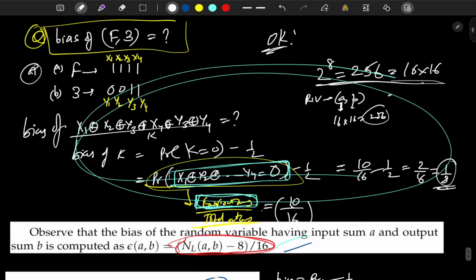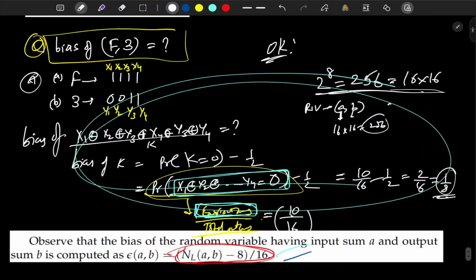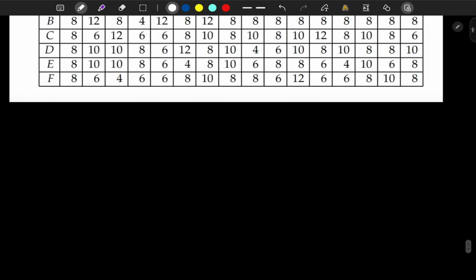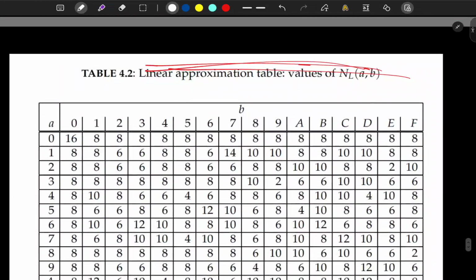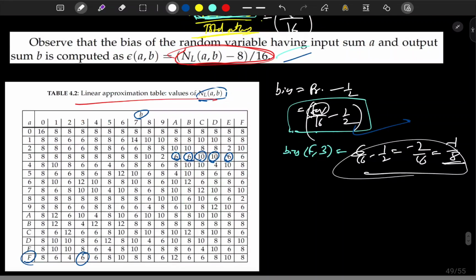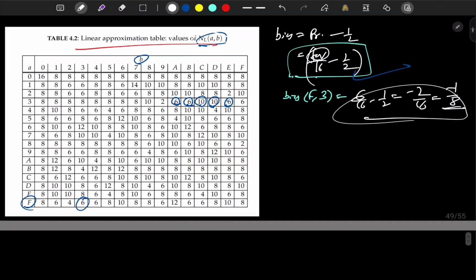Chalo. So see why we are doing all these things: because from this approximation table we have to select some random variables which will be used for our linear cryptanalysis. We have to select the random variables in such a way that the modulus of bias should be higher. Modulus, you know, right? Mod of minus 5 or plus 5 is 5, mod of 16 means 16, like this.